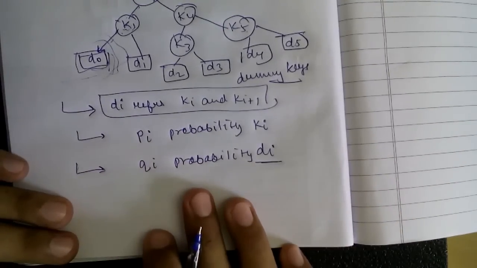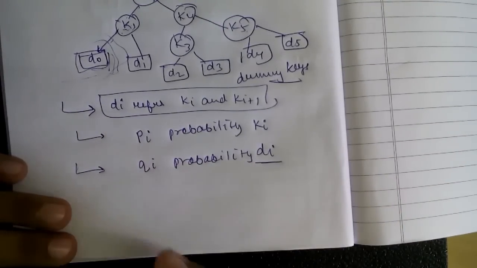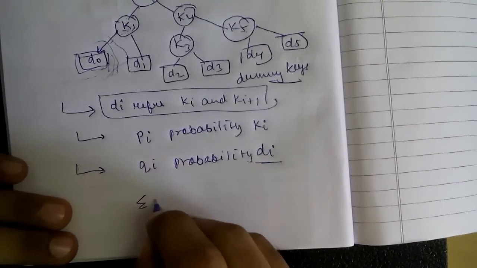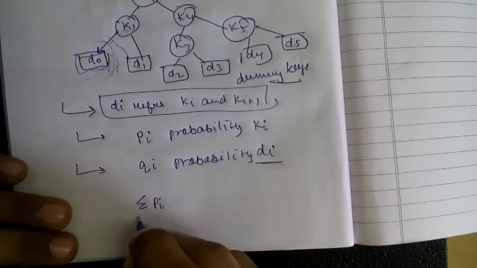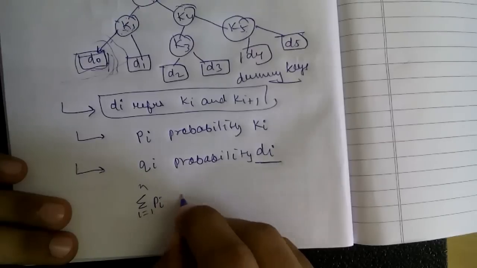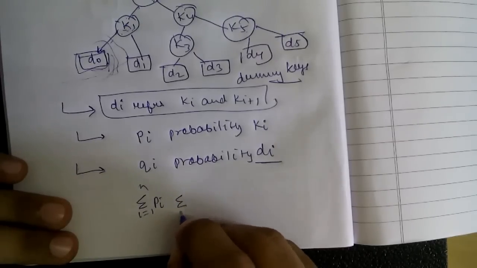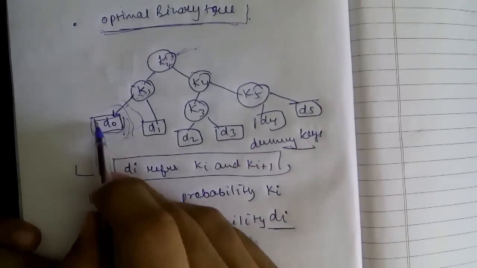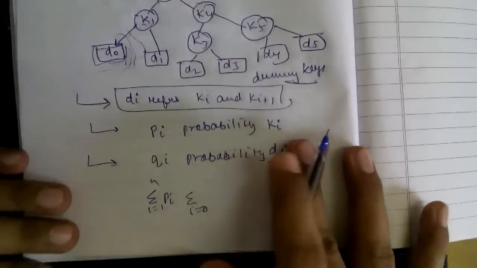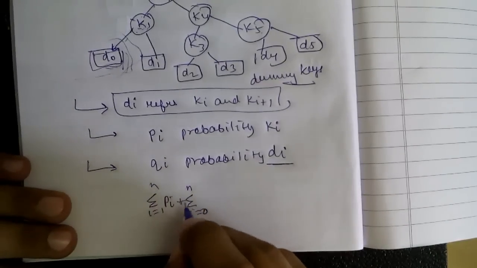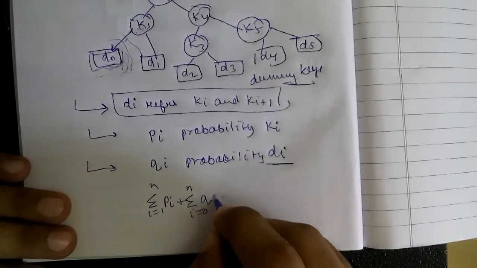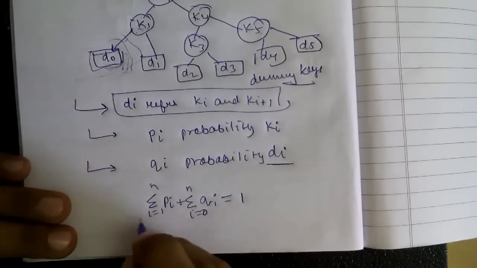As the total probability always equals 1, we already know sigma of Pi, i equal to 1 to n, plus sigma of Qi, i equal to 0 to n, as there was D0 before K1, equals 1.